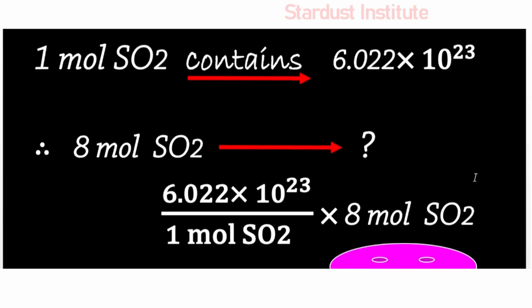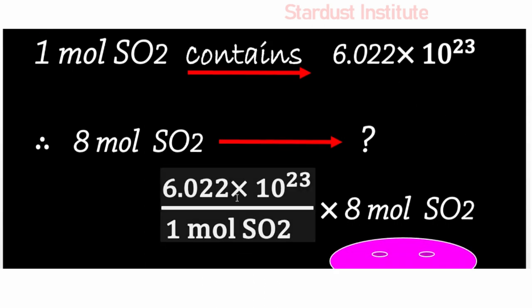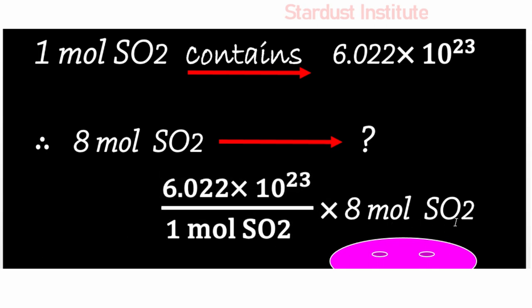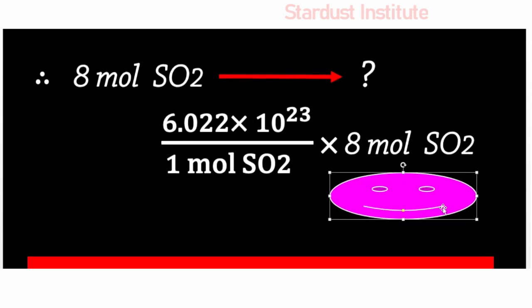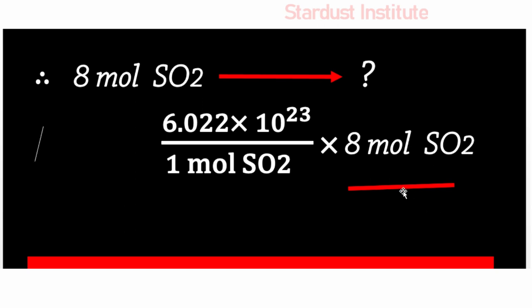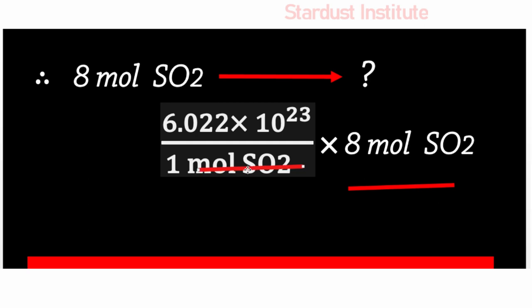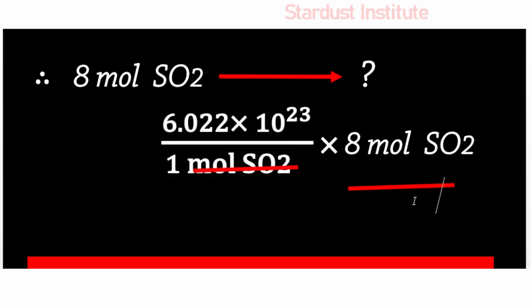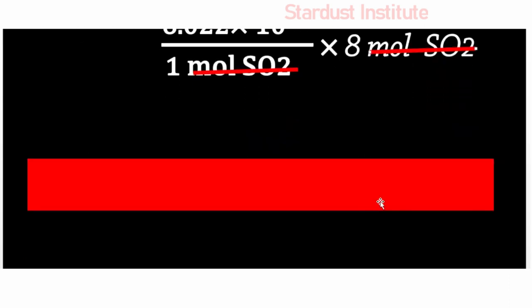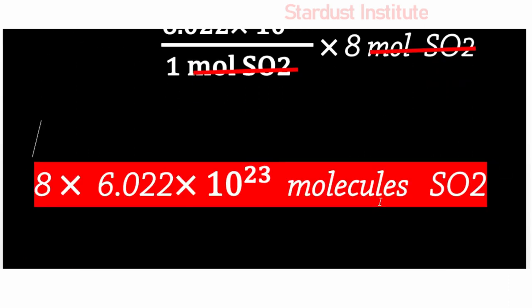We can find the answer in this way. Avogadro number divided by 1 mole of SO2 multiplied by 8 moles of SO2. We should cancel out mole SO2, mole SO2. Then we get our answer, 8 times 6.022 times 10 raised to 23 molecules of SO2.